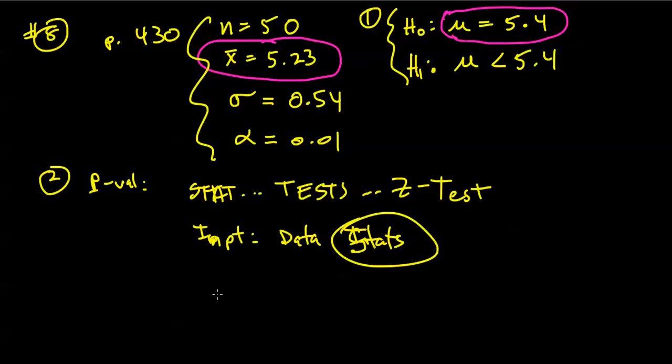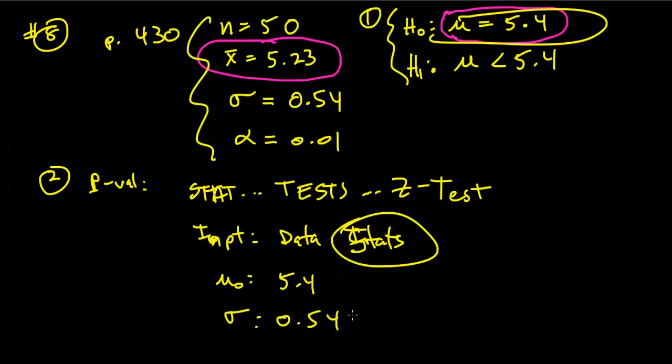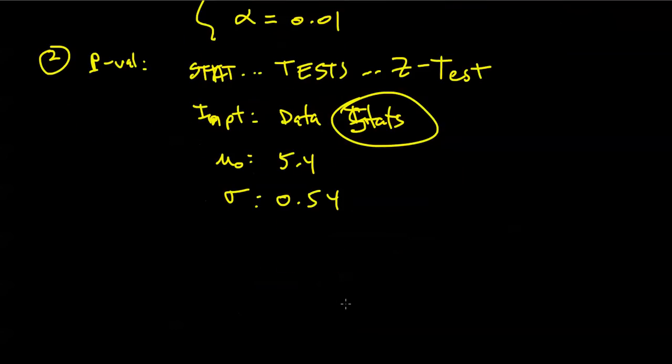Highlight and select stats. The calculator will prompt you for mu sub 0. Again, that is TI code for the null hypothesis. So H0 is the claim that mu equals 5.4. So I'll put 5.4 on that line. The population standard deviation is assumed known to be 0.54.